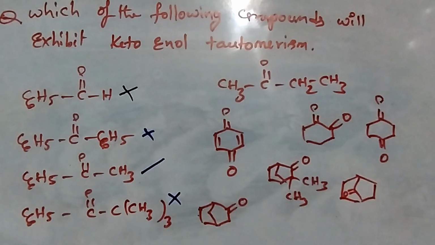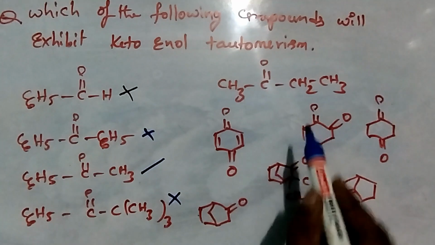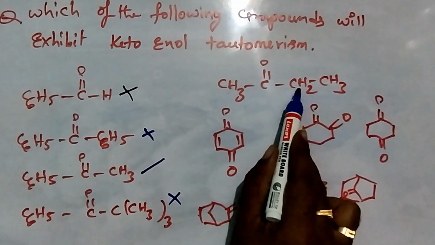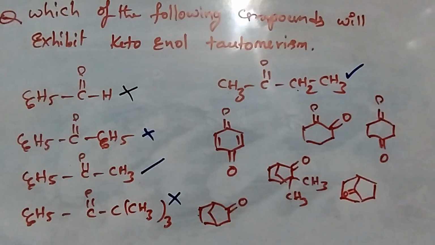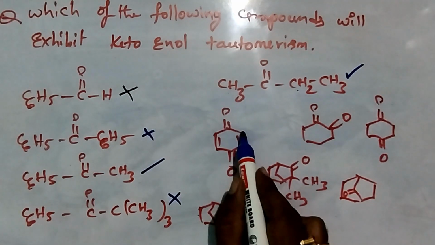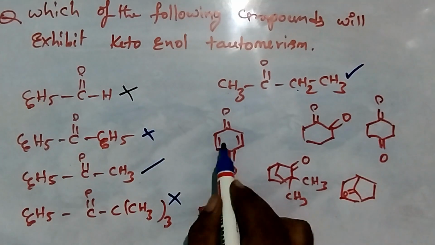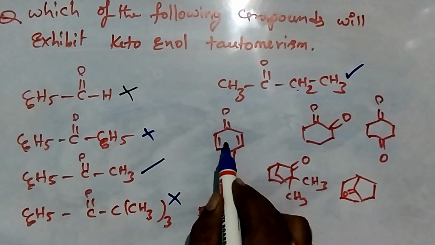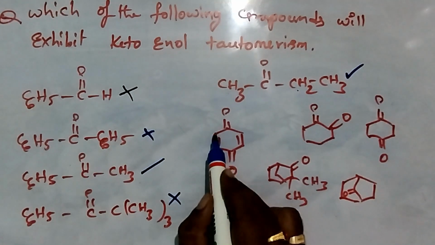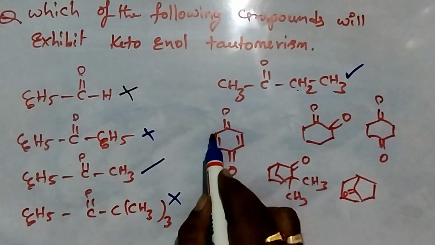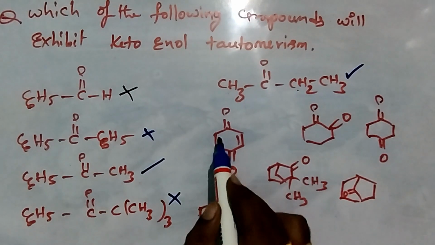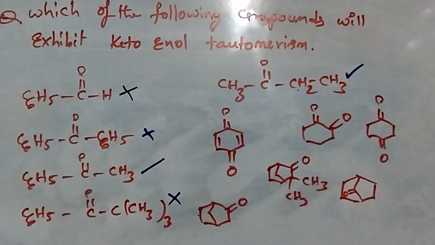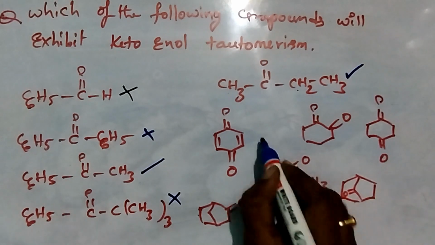it will not exhibit. Okay, see, here 3 alpha hydrogens are there, here 2 alpha hydrogens are there, total 5, it will exhibit. See, in this, alpha carbon is an sp2 carbon, but our condition is sp3 C-H, fine, so it will not exhibit.